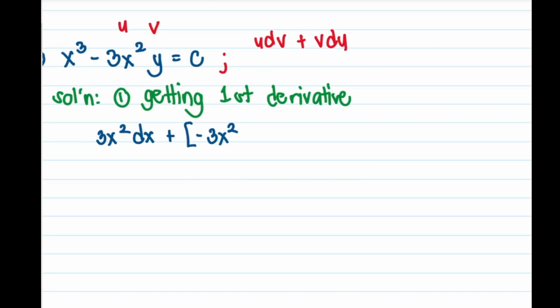So that one will be 3x squared dy minus, let's copy v, then the derivative of u is 6x. So 6x dx, then the derivative of a constant is 0.